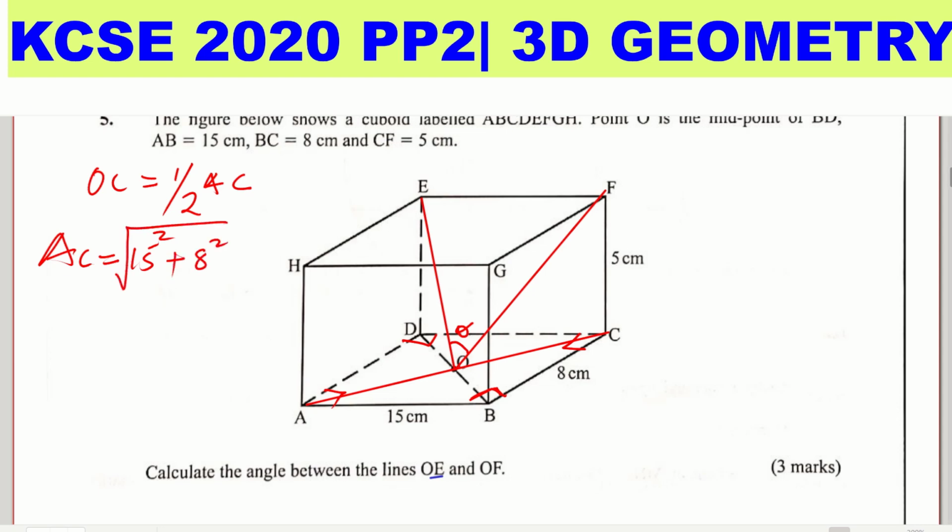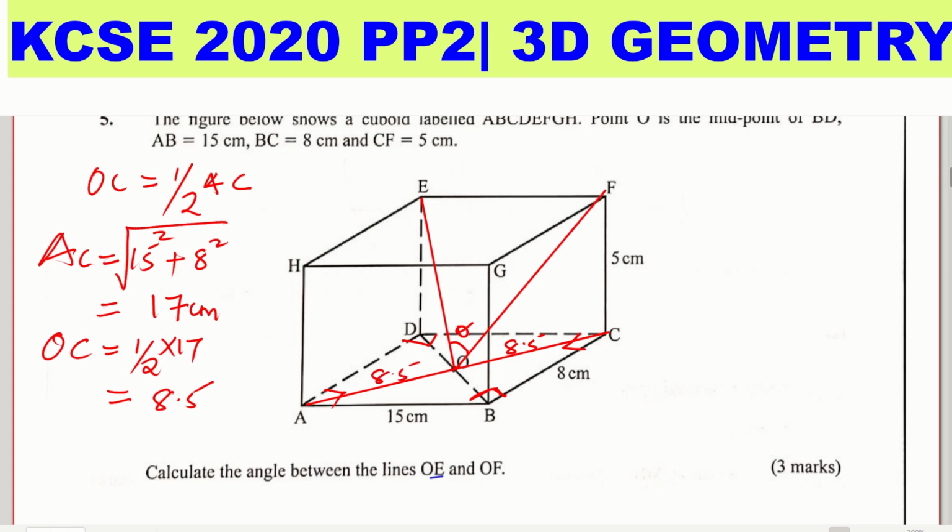When you work this out using a calculator, this will give you 17 centimeters. So AC is equal to 17 centimeters. OC will be half of that line, which is a half times 17, because O is the midpoint, and this will give 8.5.